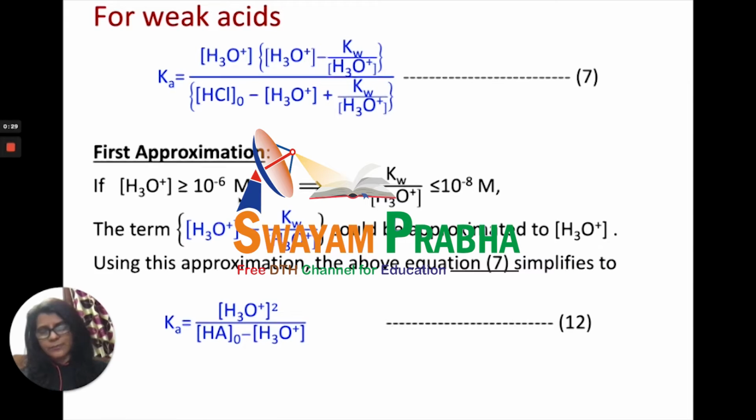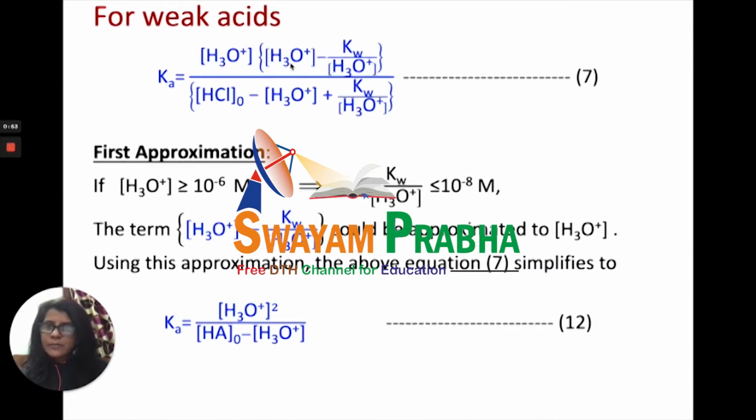minus 6 molar. Now if this is true, that means Kw upon H3O plus will be less than 10 to the power minus 8 molar. Then in this expression, which is H3O plus into H3O plus minus Kw upon H3O plus divided by HA naught minus H3O plus Kw upon H3O plus, the Kw upon H3O plus can be neglected in comparison to the other expressions.